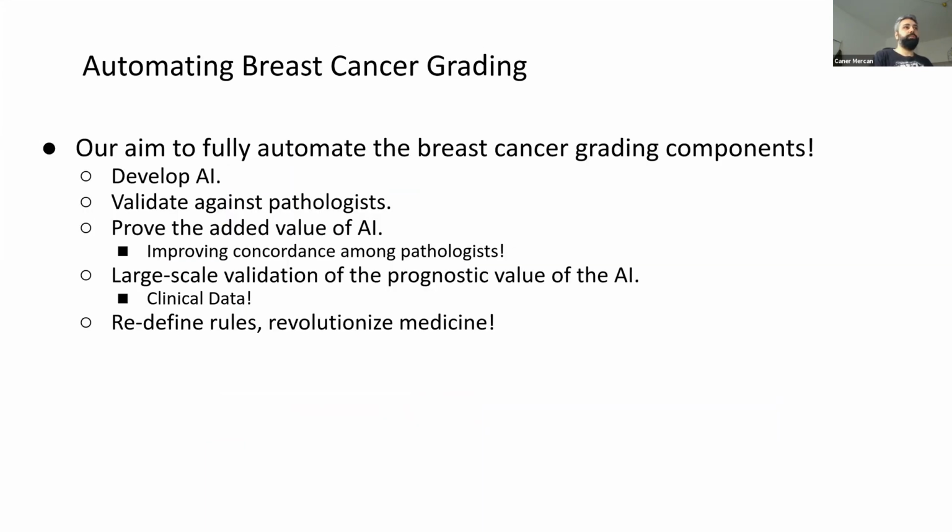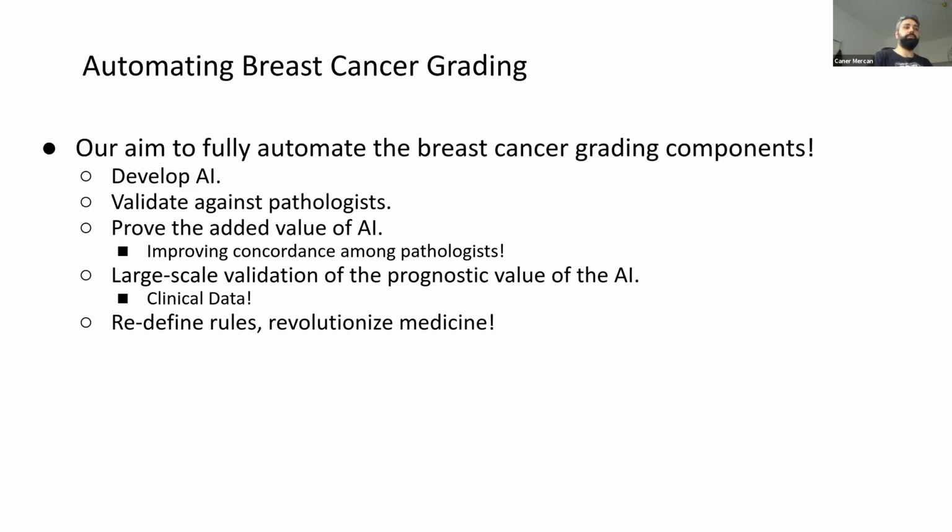So what we want to do is basically automate this breast cancer grading components, each of them separately. So how do we do that? We start with, of course, developing an AI system and then validate this AI system against pathologists, to see if it's performing as well as the mean or median pathologist or performing at the top level. And the next step would be to prove the added value of AI.